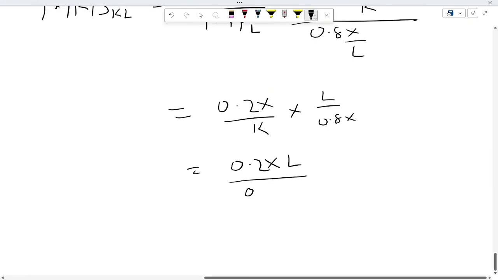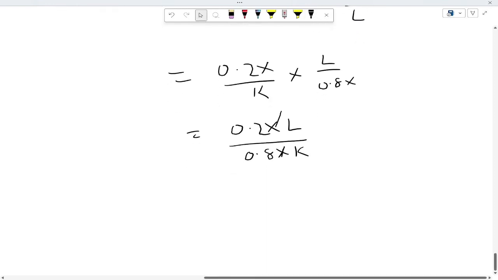You have 0.8xK. The x can take away the x.